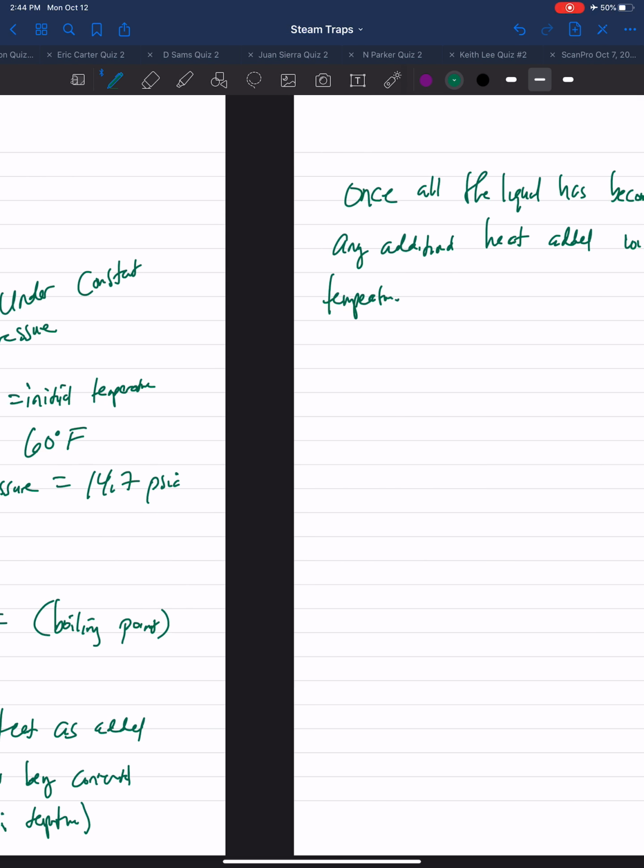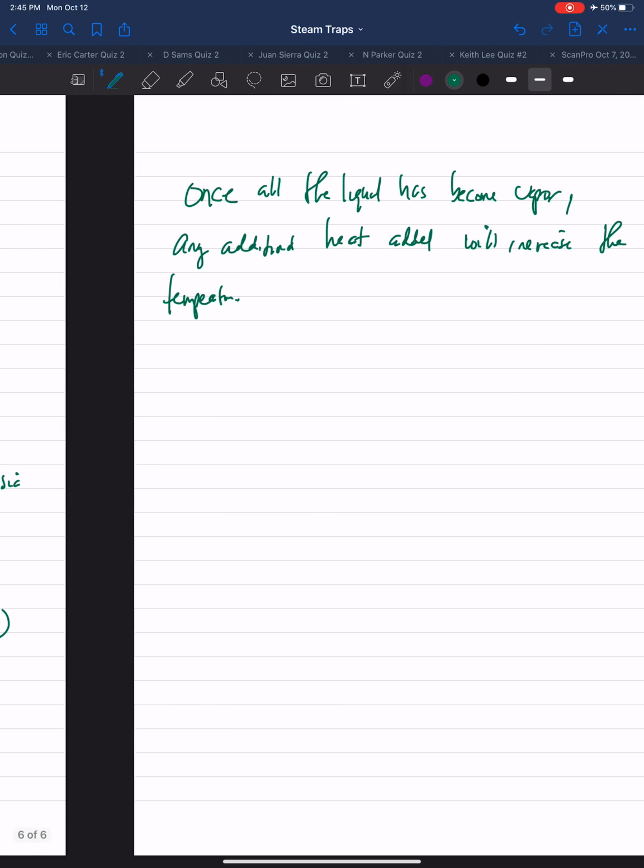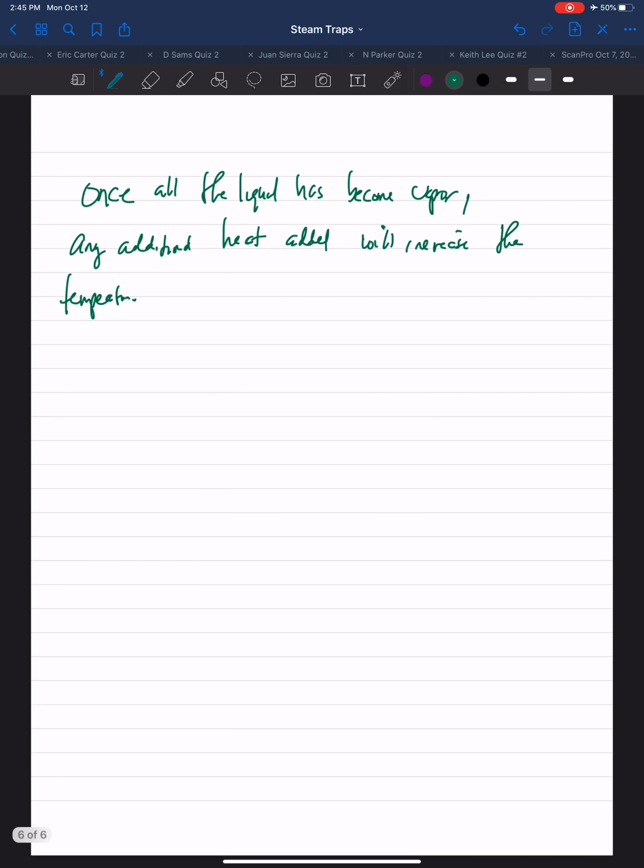So to restate that, once we reach the boiling point, the liquid is being converted to vapor, and the heat that was being added to increase the temperature is now just converting all the liquid to vapor with no temperature increase. But once all the liquid has become vapor, then the temperature will begin to increase again.